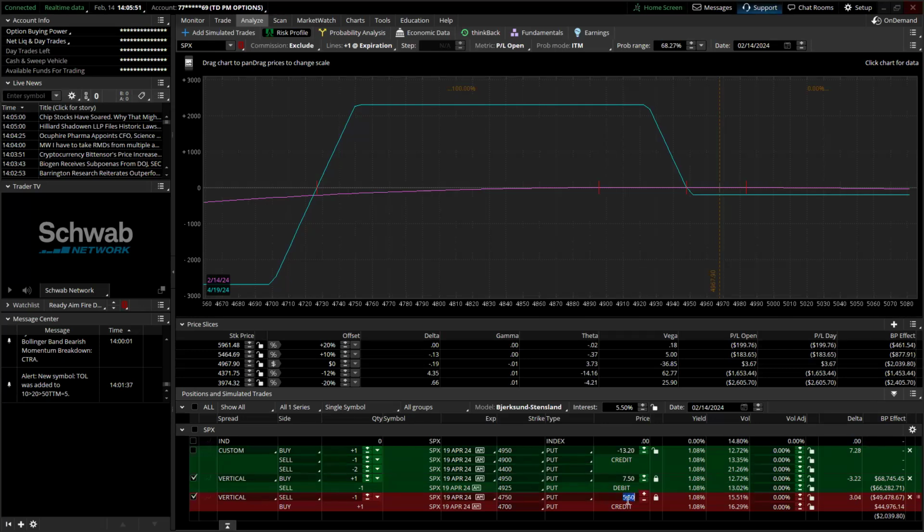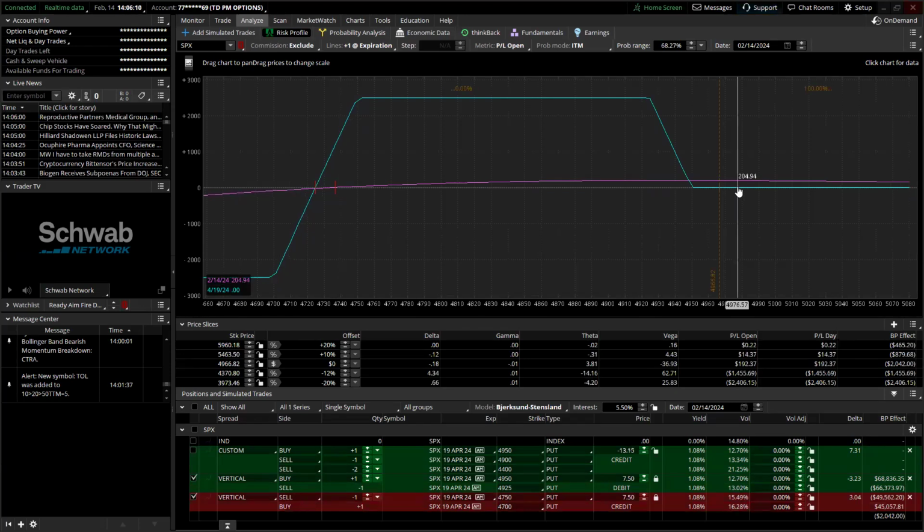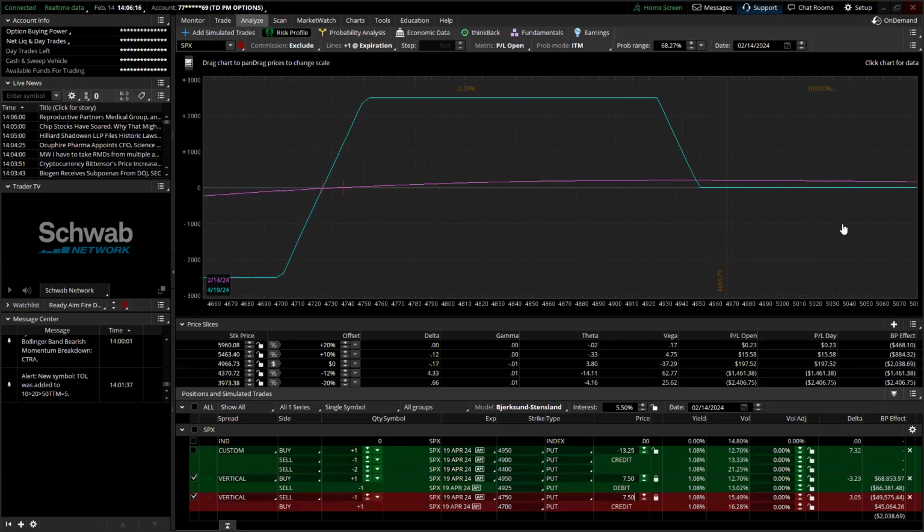But let's assume that we paid 750 for the debit spread, and we collected 750 for the credit spread. So we did it for even money. There's no risk to the upside. You can see that here we have zero at 419 at expiration, which is great. And on the downside, our risk goes from 2,700 to 2,500. Why, and how does that work?